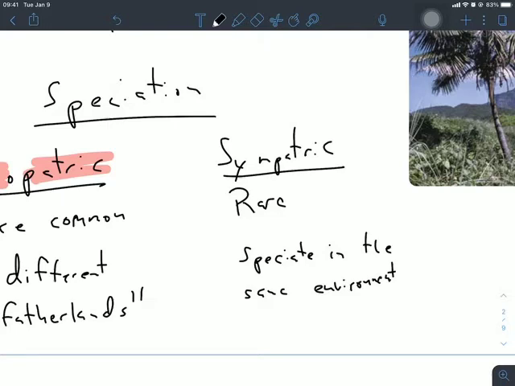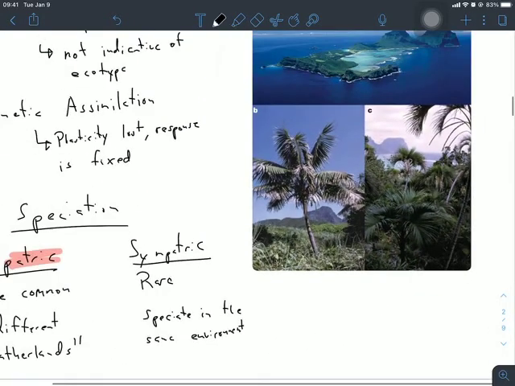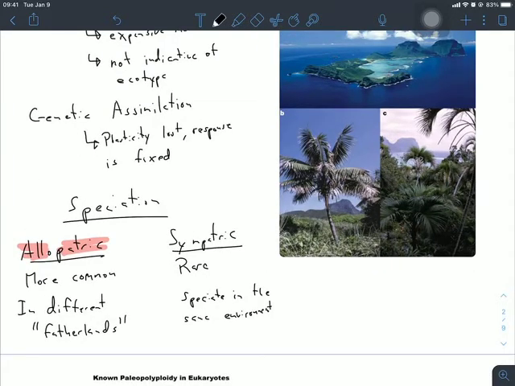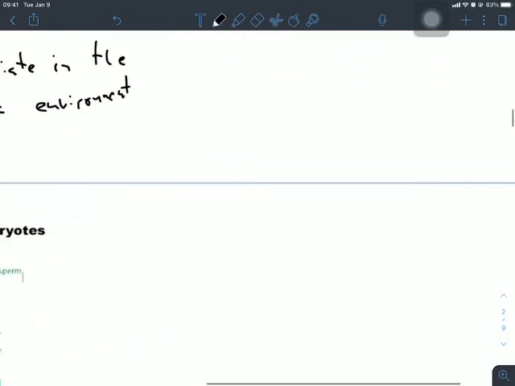But there is still at least one noted case of sympatric speciation in plants, where these two palms have existed on this island for a long period of time, and we will be talking about what evolutionary forces would have driven the Kentia palm and the Belmore Island palm to be distinct species. We will additionally be talking about cases of adaptive radiation.